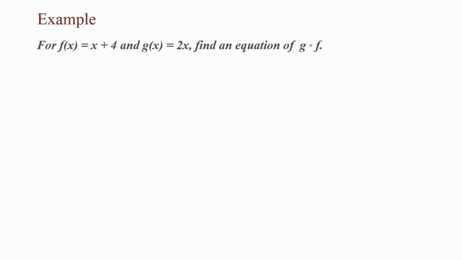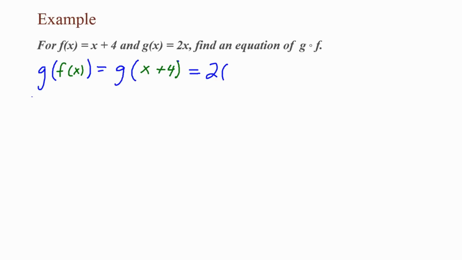In this example, for f of x equals x plus 4 and g of x equals x times 2, find an equation g of f of x. So I have g of f of x, which means I'm going to have g of what f of x equals, which is x plus 4.